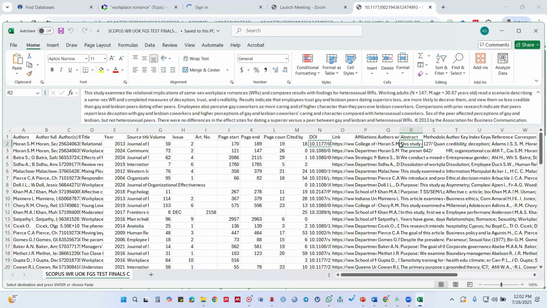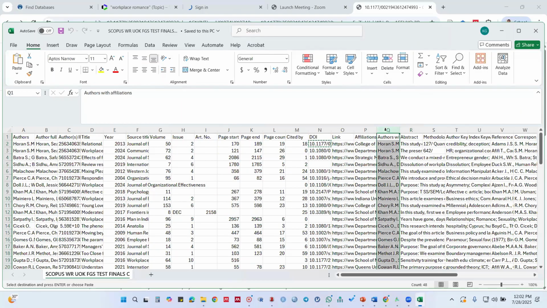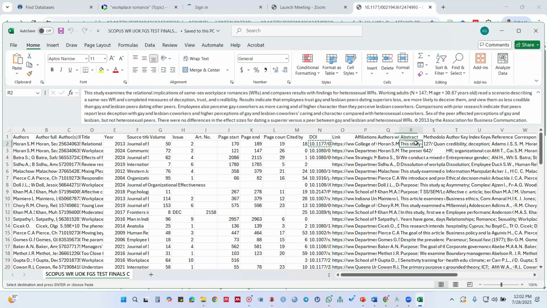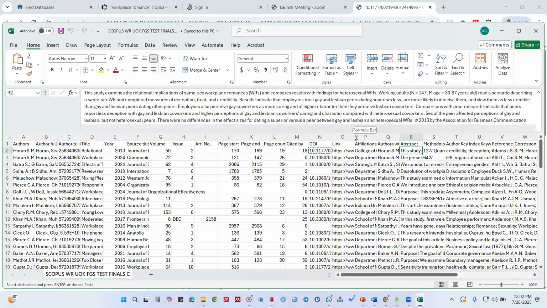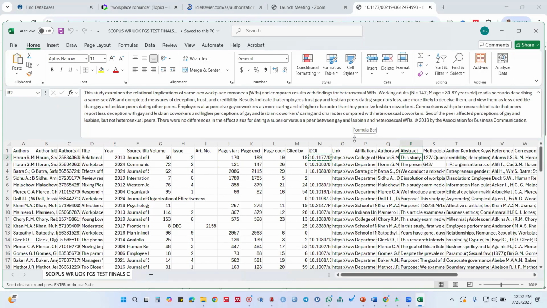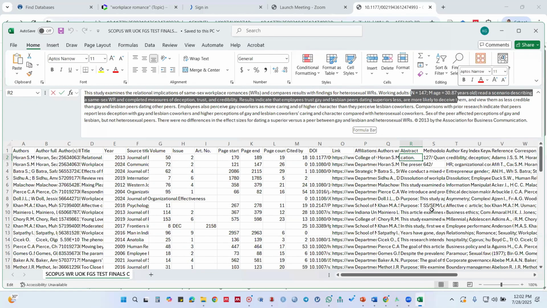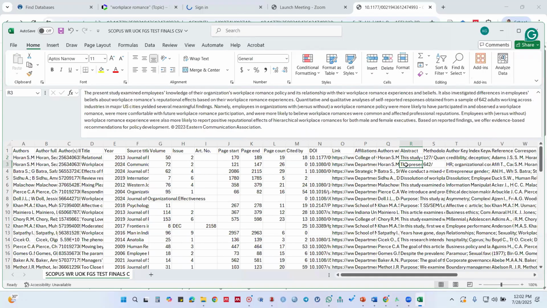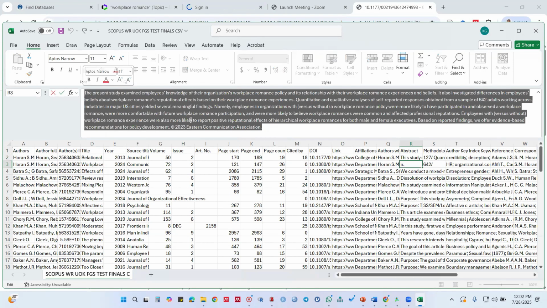You need to find out the methodology. What methodology was used? What is the sample size? Sample size is normally mentioned in the abstract, but not in all cases, right? In this one, you have the sample size given in the abstract, but not all the information is mentioned. That depends on the journal or the article type.